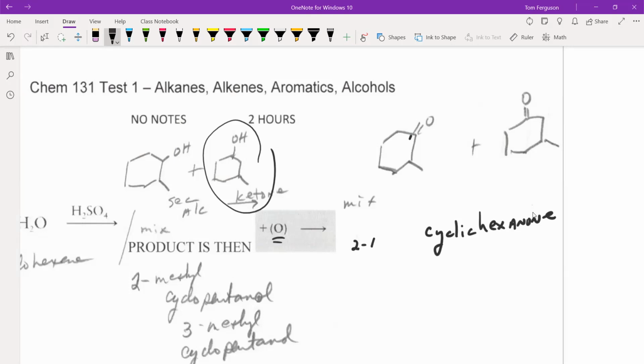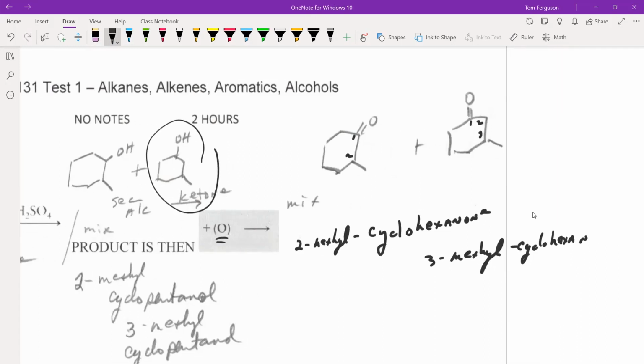So it's going to be 2-methyl cyclohexanone. And this one would be 3-methyl cyclohexanone.